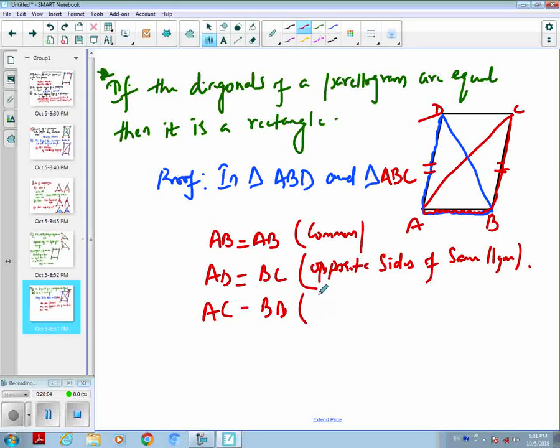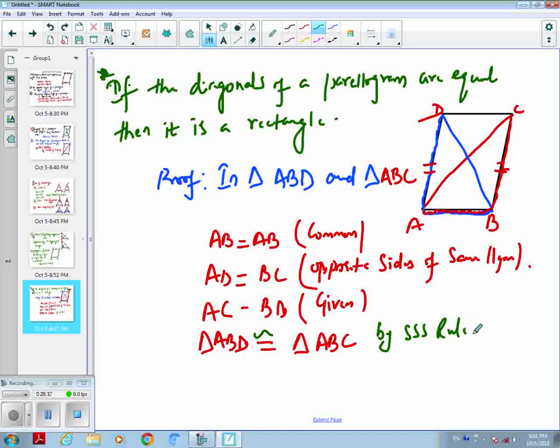This is given in the question itself. So both the triangle ABD and triangle ABC, they are congruent. By which rule? By SSS rule.